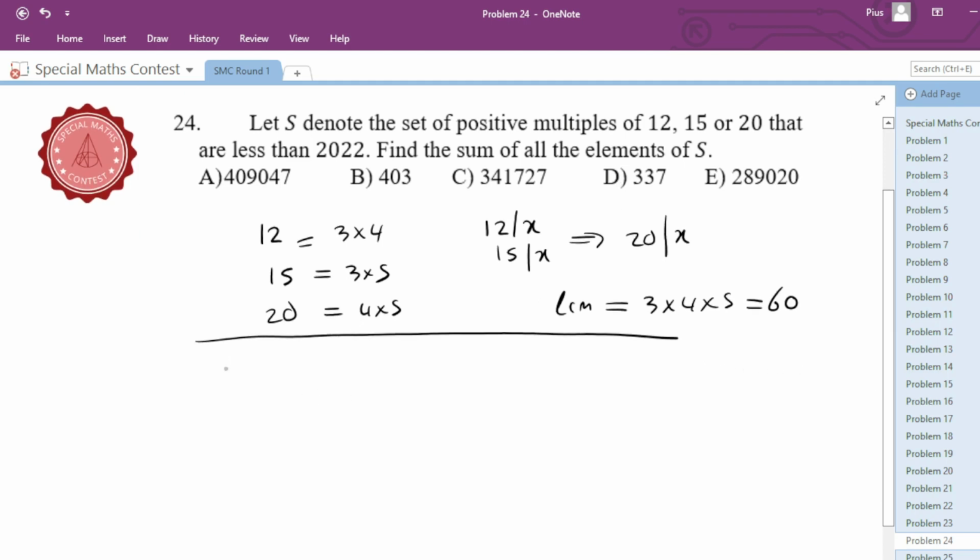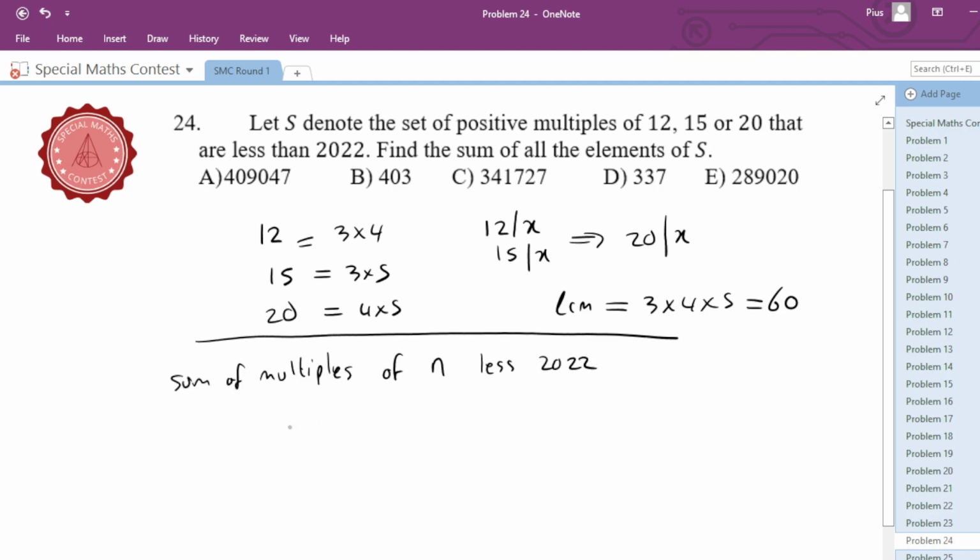Since we're going to be making use of this 4 times, we're going to treat it more generally first, and then apply it to each of these values. So let's say we're looking at multiples of a number n that are less than 2022, and I want to take the sum.